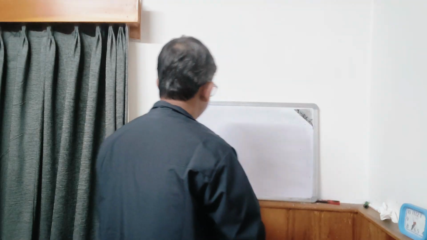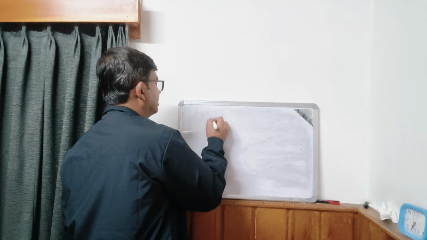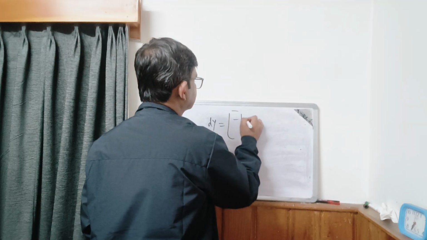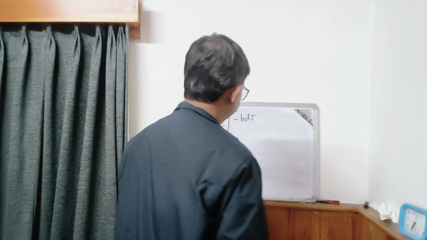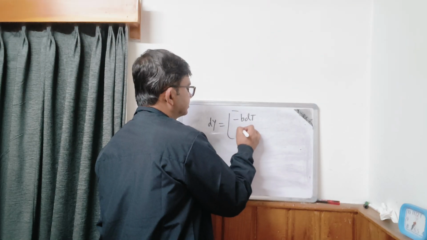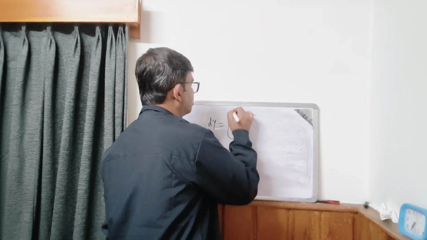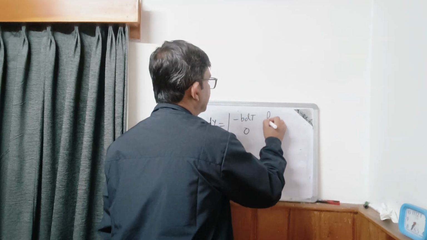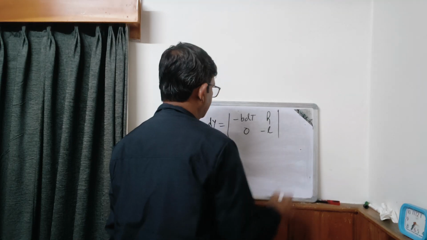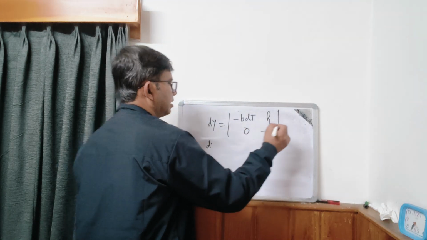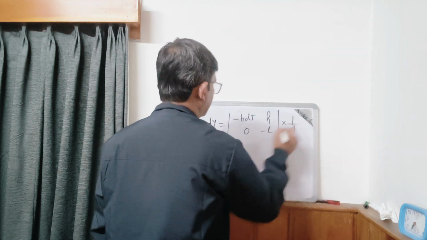So what will we get here? dY equals to the matrix with minus b dT, 0, h, minus L, into 1 divided by delta.